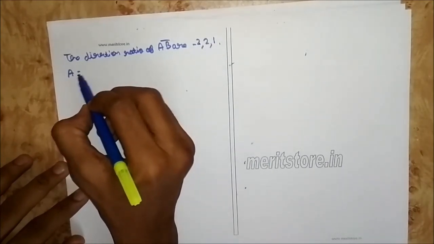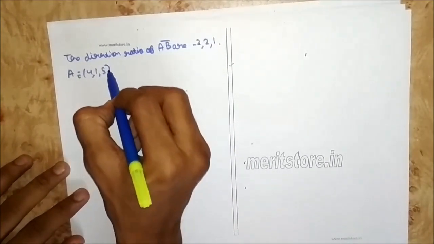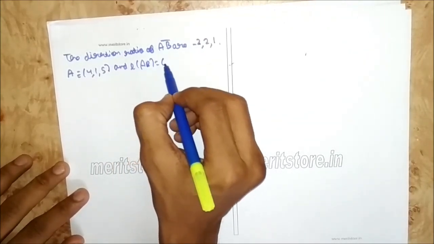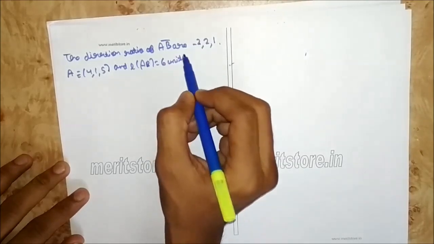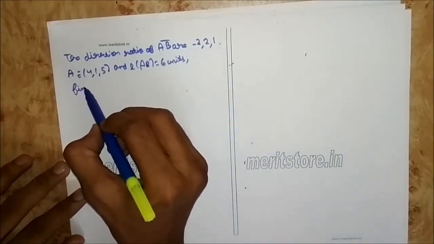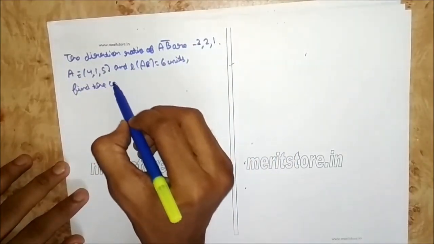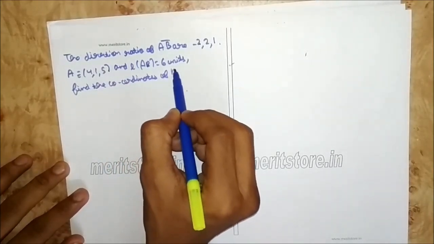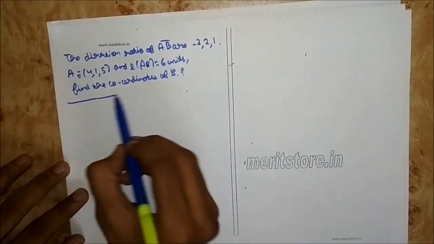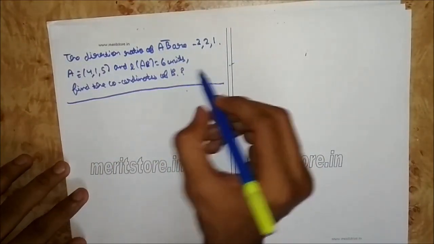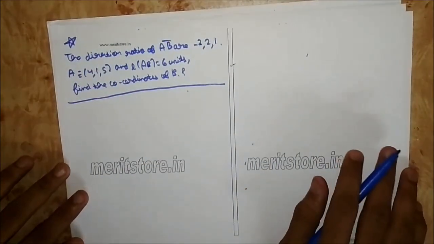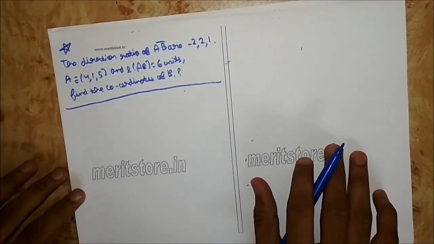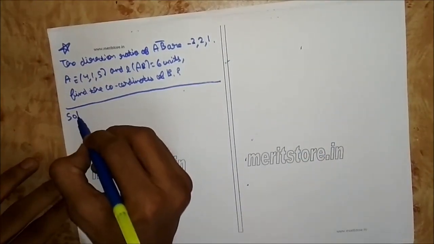If A is (4, 1, 5) and length AB is 6 units, find the coordinates of B. Guys, this is a very important question in terms of exam perspective. Please practice this kind of sum and pay attention to it. Now let's start the solution.